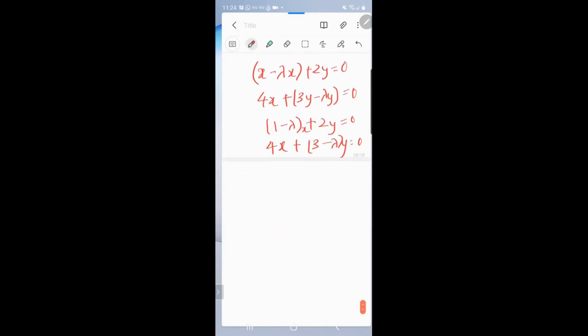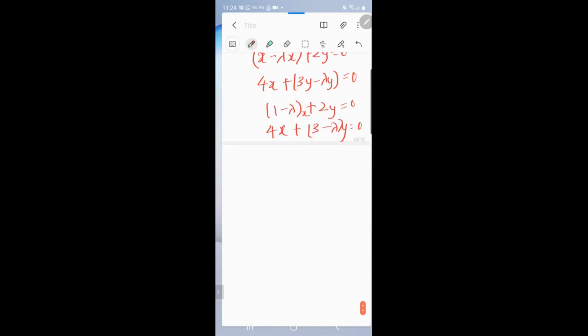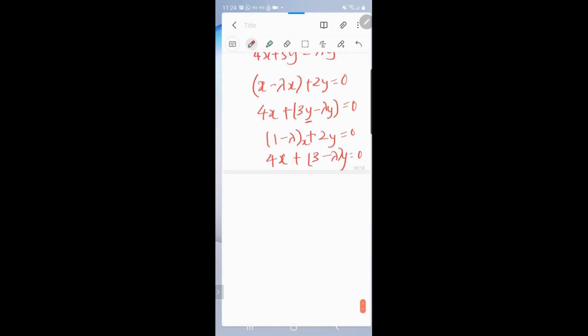Why are we grouping the 3 minus lambda y together? These are the terms with y as the variable. Oh, okay. So if I drop the x's and y's, I get this matrix: 1 minus lambda, 4, 2, and 3 minus lambda.